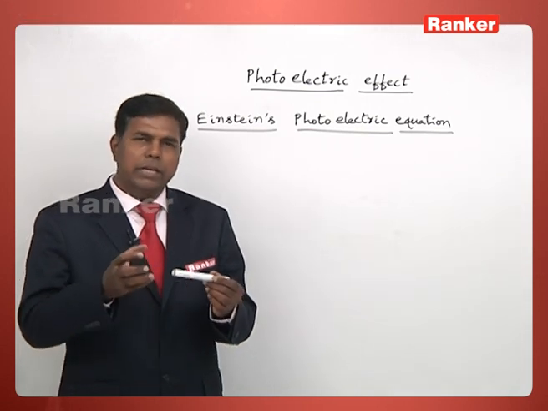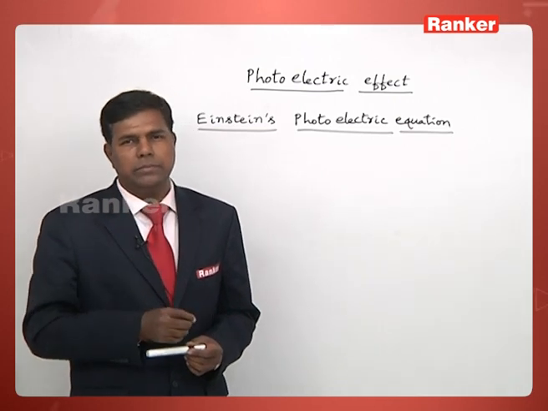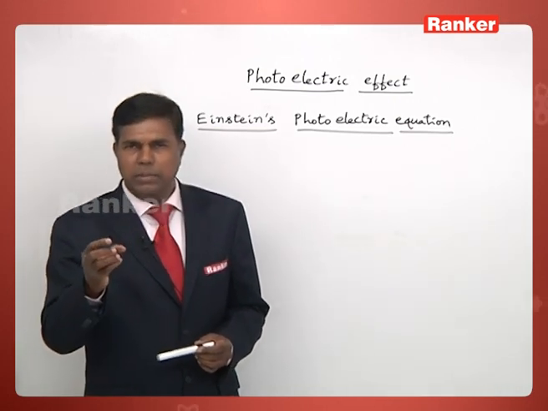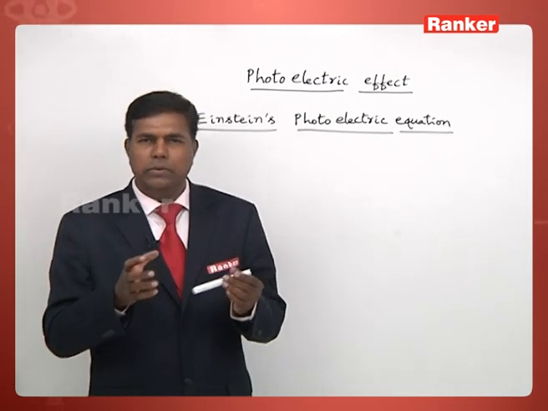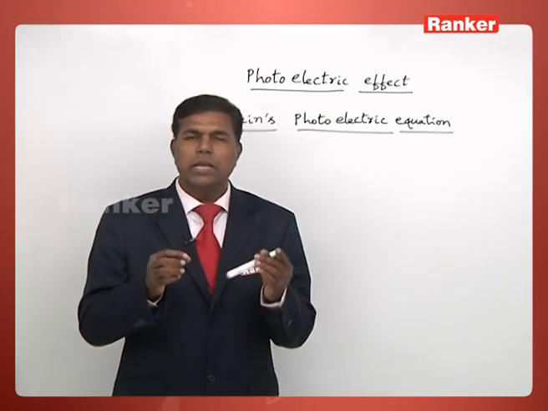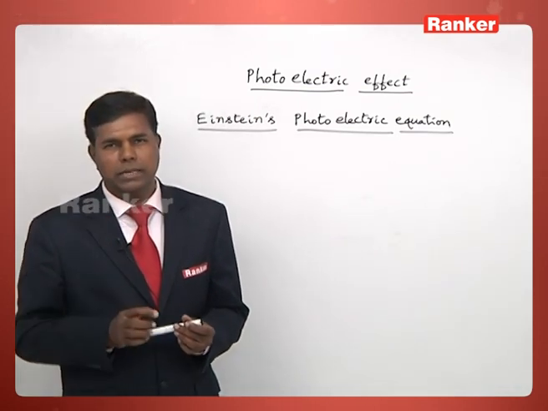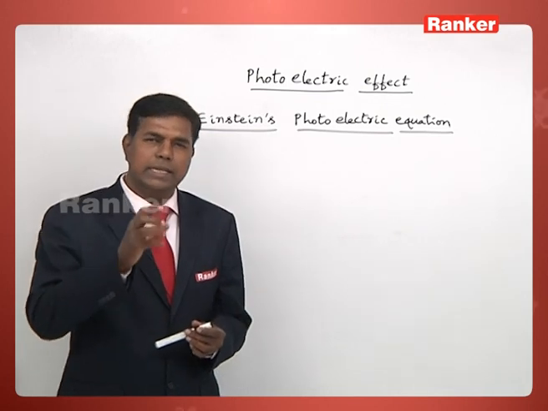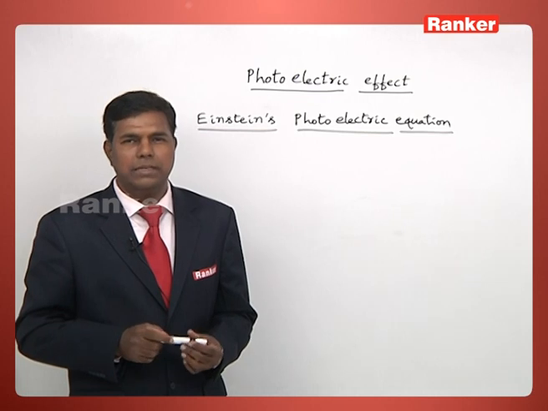Photoelectric effect is actually a collision between the incident photon and the electron in the metal. During the collision process, the energy of the photon is absorbed by the electron in the metal.